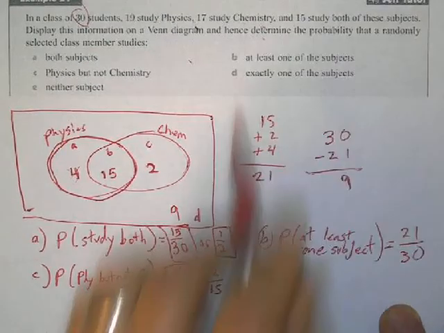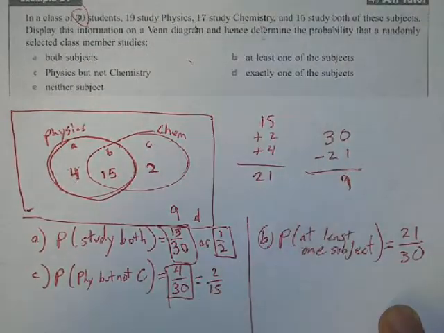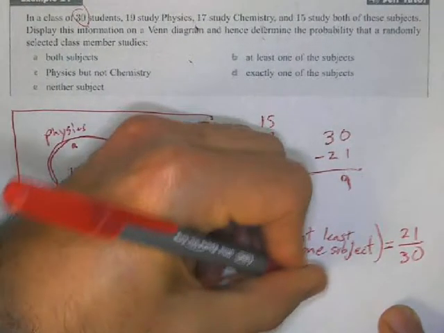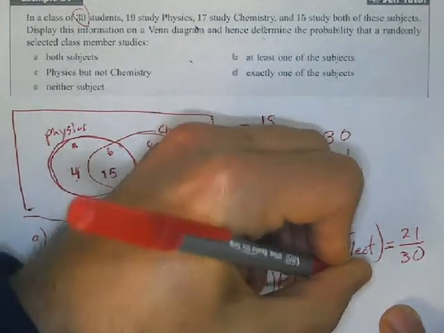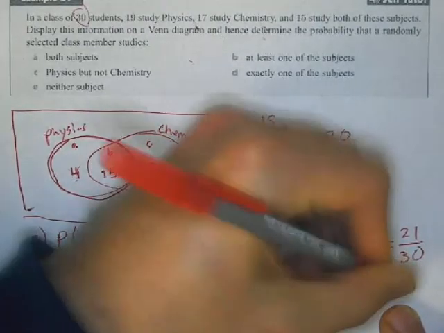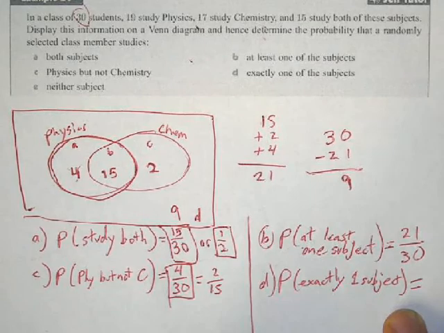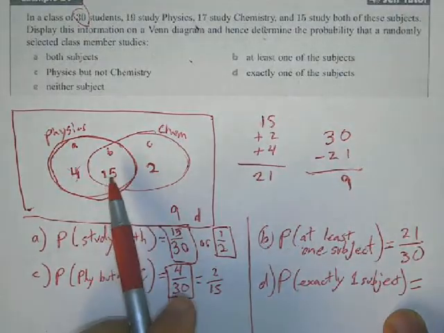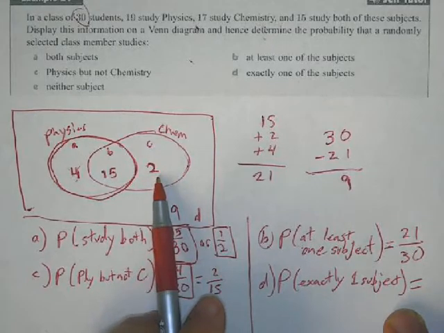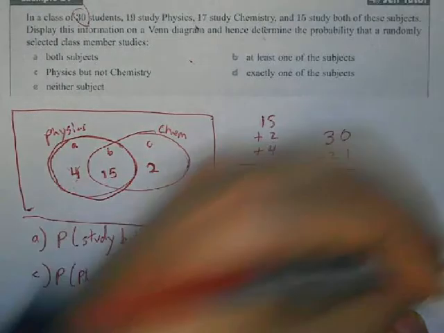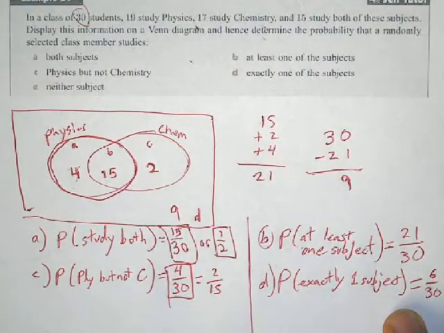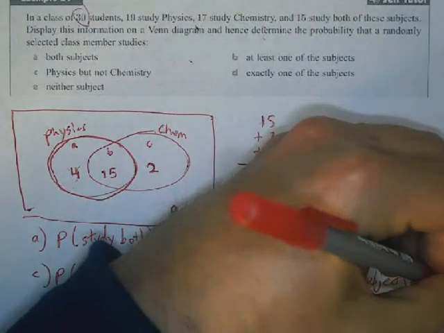Okay, let's do question D. Exactly one subject. Okay, if it's exactly one subject, I'm not going to look at this overlapping part. 4 students take only physics, 2 take only chemistry, so I'm going to say 6 over 30. Okay, we could simplify that to 1/5.